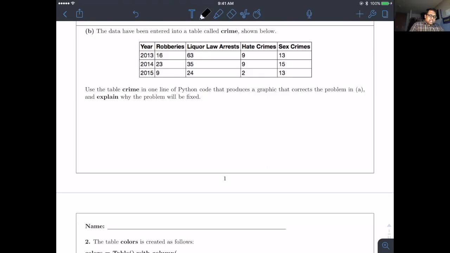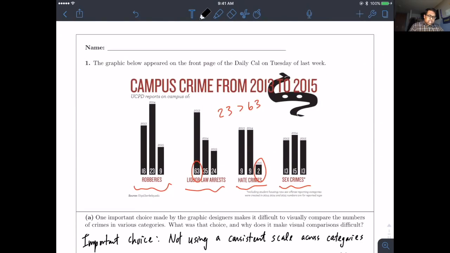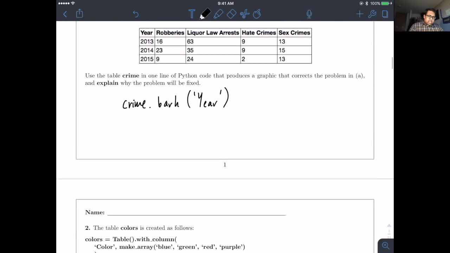So we can say crime.barh, and now we need to pass in the parameter that we want to be the x value for the bar graph, which is quite clearly year in this scenario, because we have years on the x-axis here, 2013, 14, 15.